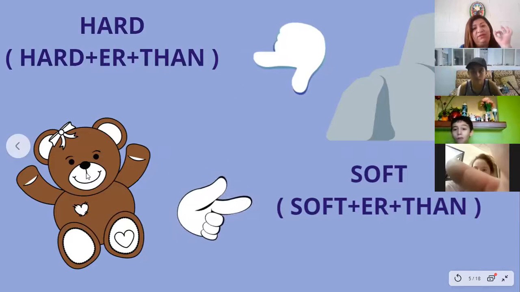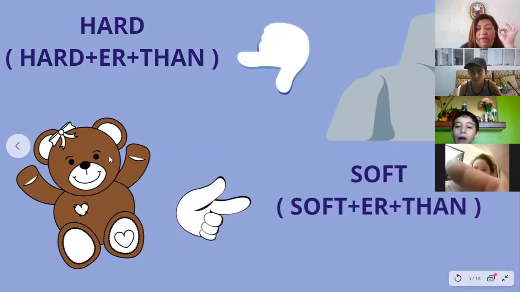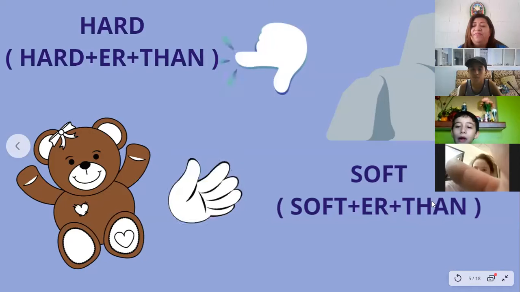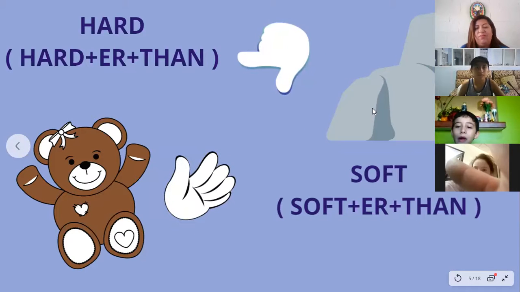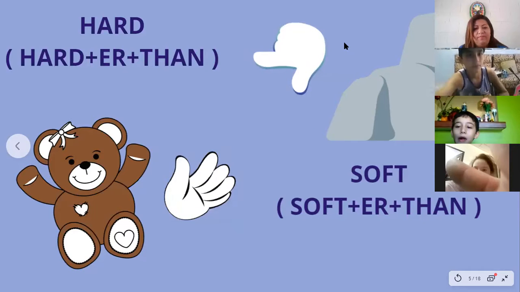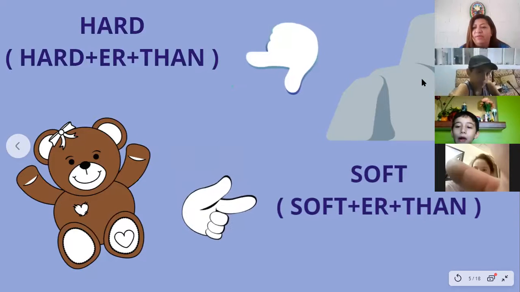So we are going to write the sentence and we are going to compare with the rock. My teddy bear is softer than the rock. And we are comparing two things. We are comparing the teddy bear and we are comparing the rock.